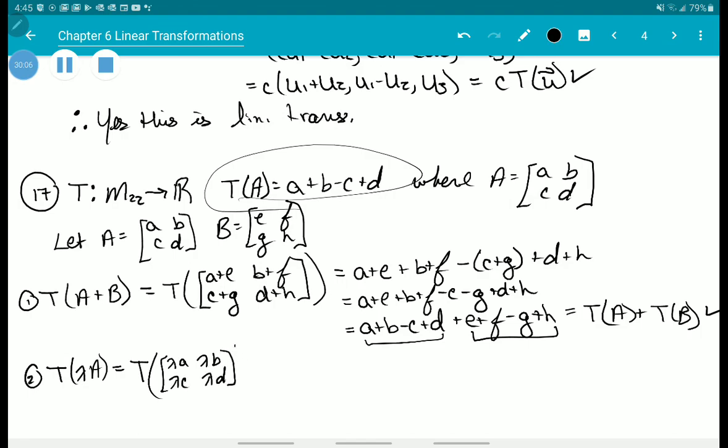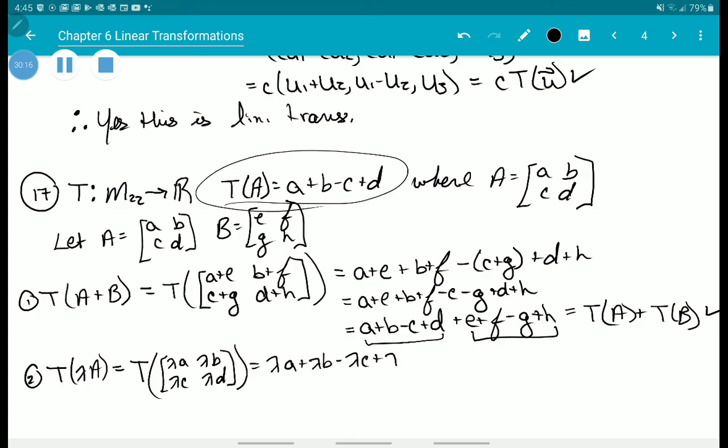Under this definition, is going to be lambda a plus lambda b minus lambda c plus lambda d. And we see that we could factor a lambda out of each piece. And that's equal to lambda times the transformation of matrix A. So we have also satisfied that. So therefore, yes, this guy is a linear transformation.